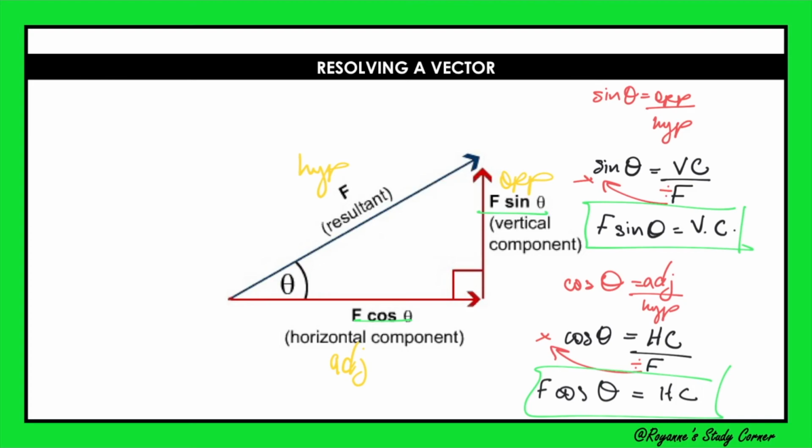No, you do not. I just wanted to explain how we get this formula so that it makes sense going forward. But you can just learn off vertical component is equal to F sine theta, and horizontal component is equal to F cosine theta. So keeping these two formulas in the back of our mind, let's try some examples.